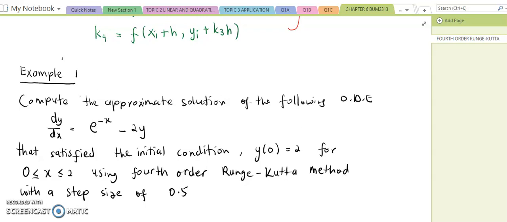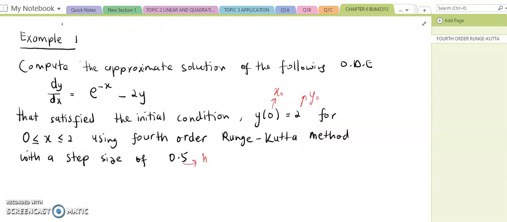So this is an initial value problem, because we have one initial condition, y0 equals 2, where 0 is your x0 and 2 is your y0. And the step size is 0.5, so h equals 0.5. And this question asks you to use the RK4 method.